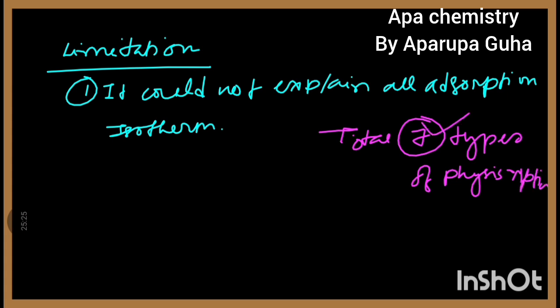So there are 7 types of physisorption, but chemisorption gives only a single isotherm. Okay, chemisorption suggests only one isotherm, but the other 7 isotherms, how they are produced, how they are established and how they give the prediction of the way of adsorption, Langmuir never consults on it.